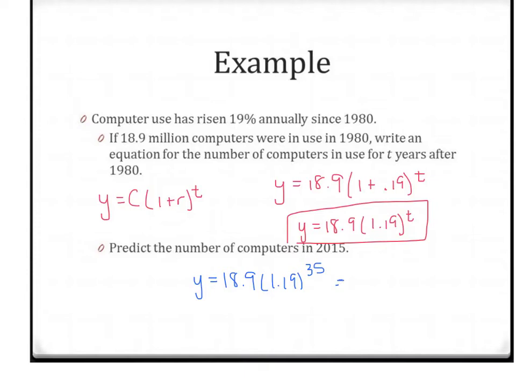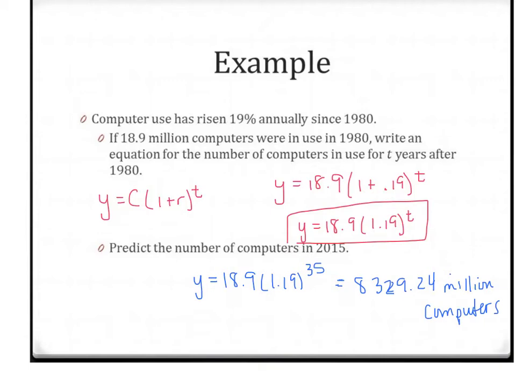And I get, in the calculator it comes up as 8,329.24, but that's going to be million computers. So if you still have that in your calculator, you can actually times it by a million.